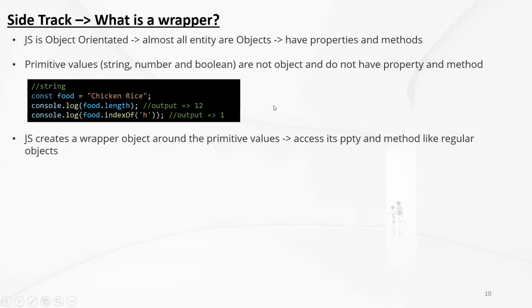This primitive value, in exact terms, does not have its own method. So what JavaScript did was create a wrapper object around the primitive value so that you can access its properties and methods like a regular object.